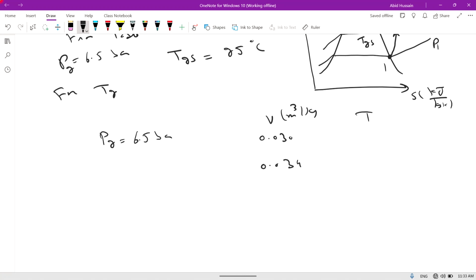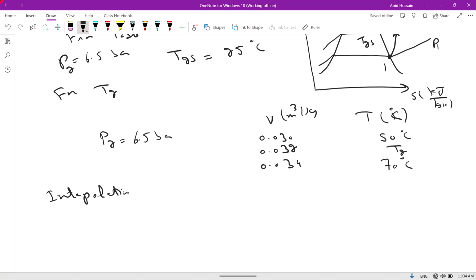In front of 0.030 the temperature is 50 degrees centigrade, and at 0.034 the temperature is 70 degrees centigrade, but we have to find the temperature at 0.032, which is unknown to us. I gave it the name T2. So we will do interpolation.